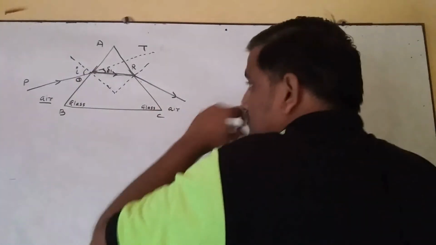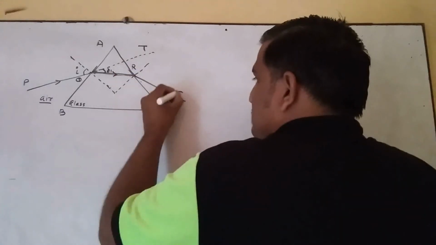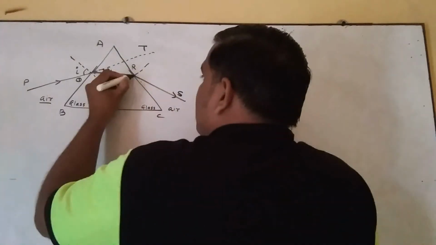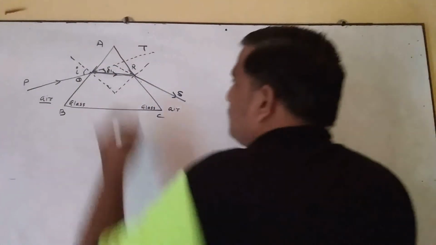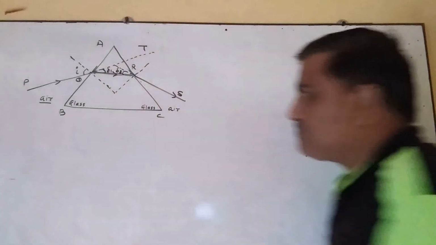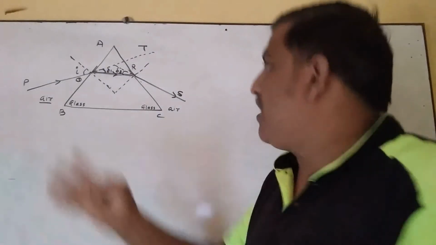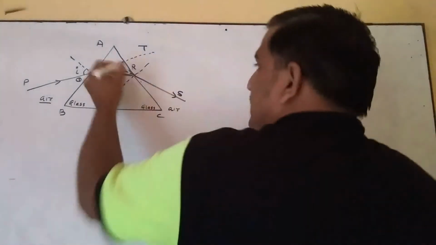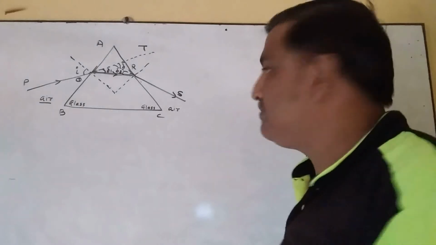Now, this is our incident ray, this is the refracted ray, and RS is nothing but the emergent ray. If we backproduce this emergent ray, then we find that QR is again deviated by angle delta 2. And if we talk about the deviation of incident ray PQ together, it gets deviated by angle delta.